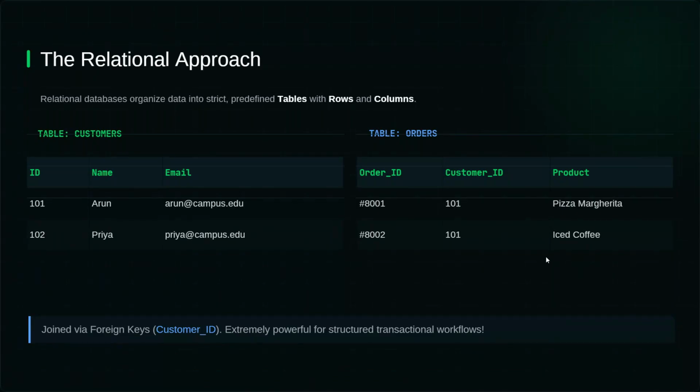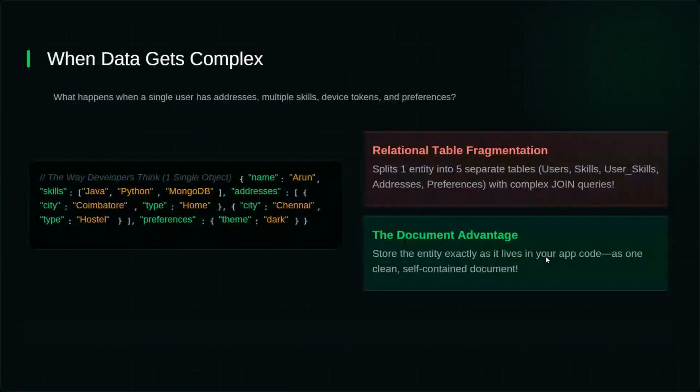Let's see what happens to relational tables when the application data starts getting complex. Look at how developers naturally think in code. A single user object containing an array of skills, nested addresses, and preference settings. In a traditional SQL database, you can't easily fit arrays or objects inside a single cell.